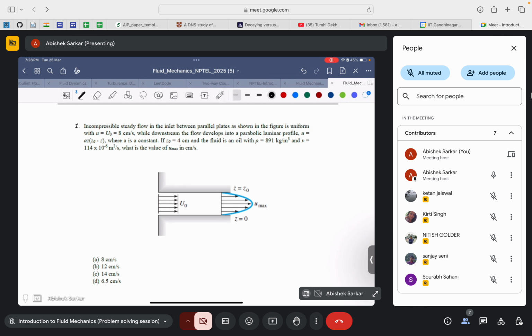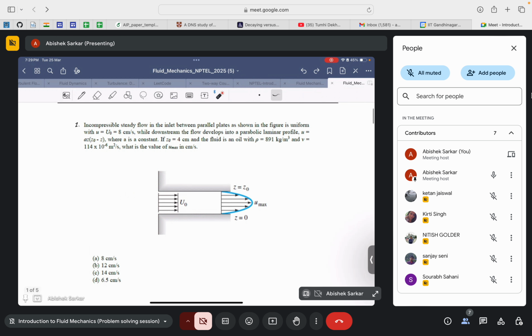So there is a flow between two plates, as shown here. Let me read the question. Incompressible steady flow at the inlet between parallel plates, as shown in the figure, is uniform with u equal to u naught, which is 8 cm per second, while the downstream flow develops into a parabolic laminar profile.